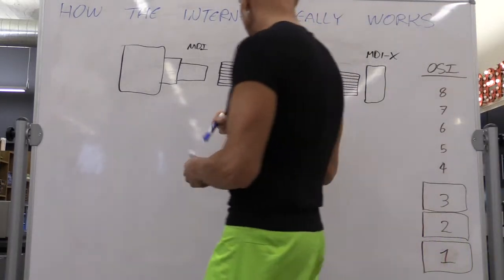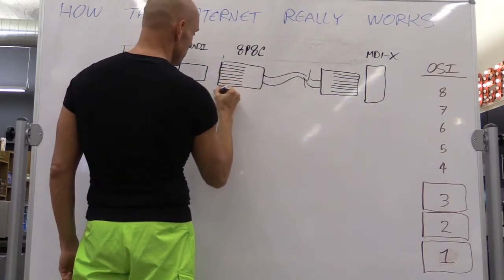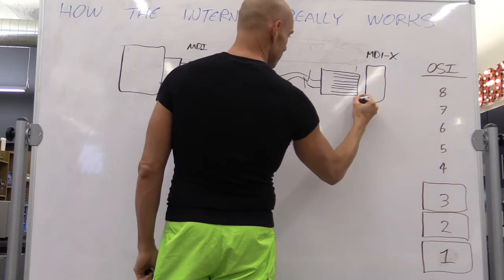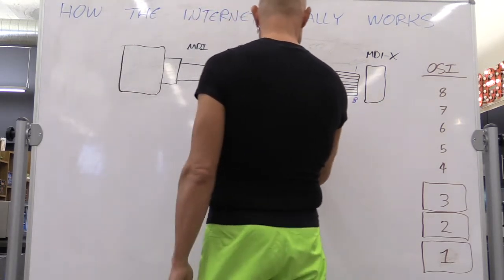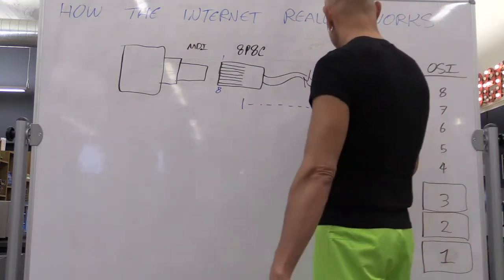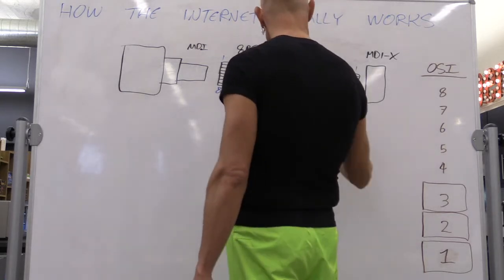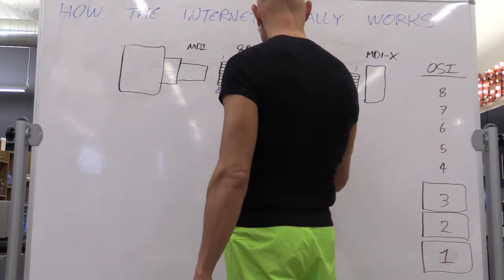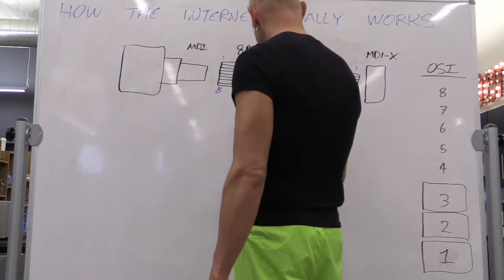Here's what's going on. These are all pins. This is pins 1 through 8. Same over here, pins 1 through 8. So pin 1 connects usually via a dash cable, usually green and white, to the one over here. 2 is solid. 3 is another stripe cable. 4 and 5 are not used, and 6 is a solid.